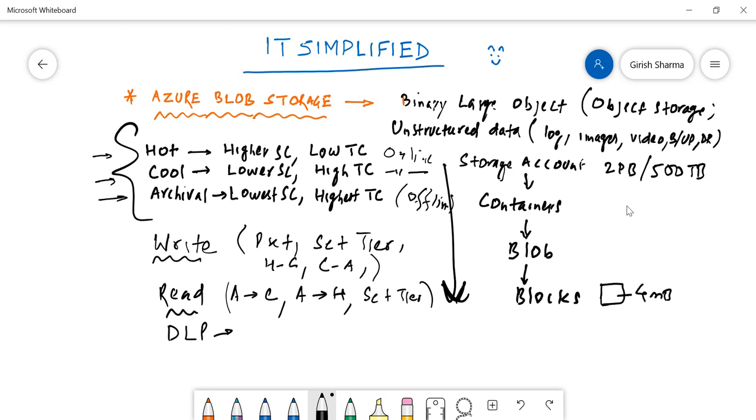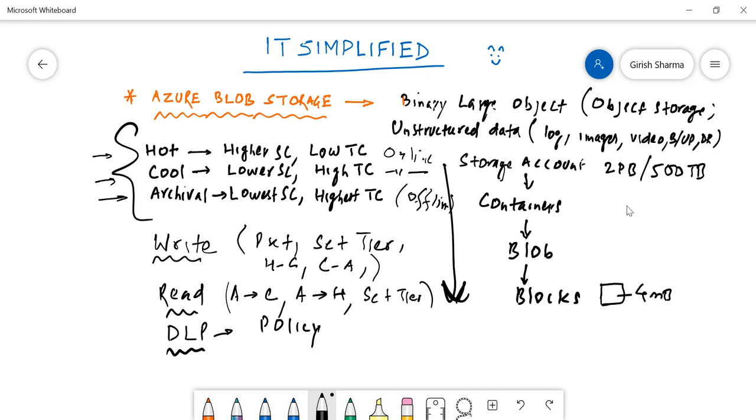Also from the data lifecycle perspective, you can create a policy at the storage account level so that in case the data is not touched in the last 30 days, it will move to the archival tier, right? So you can automate that process too. You can apply data lifecycle policies at the storage account, which will come in handy because you don't want to do that manually.